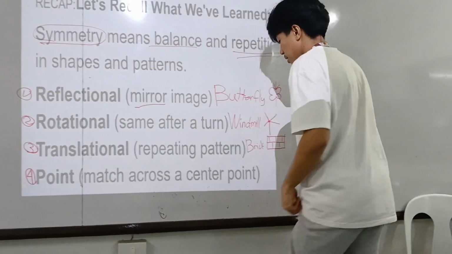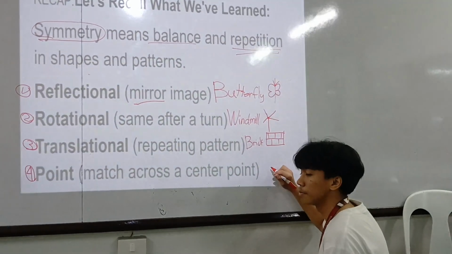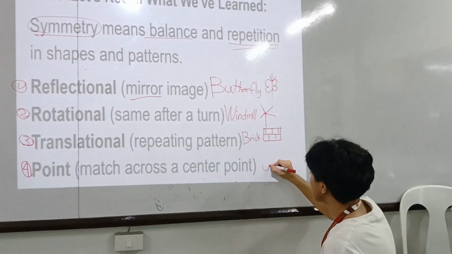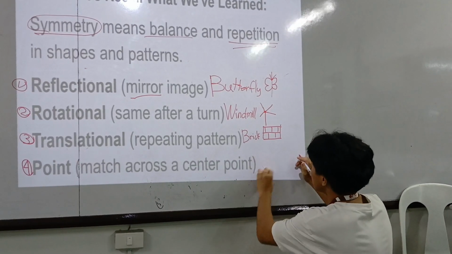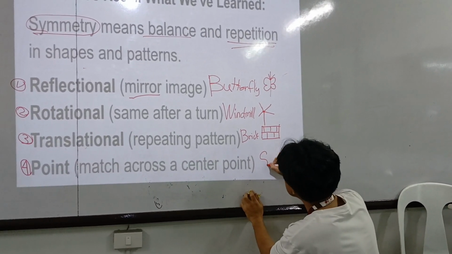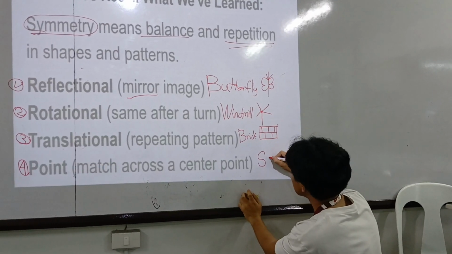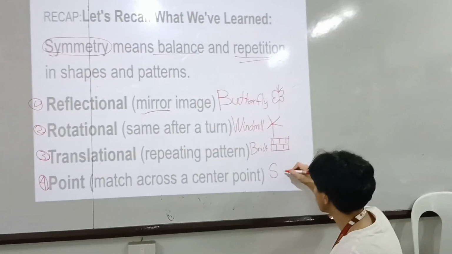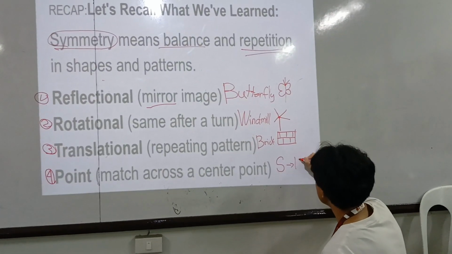Going back, our example will be the letter S. The letter S will be turned 180 degrees.